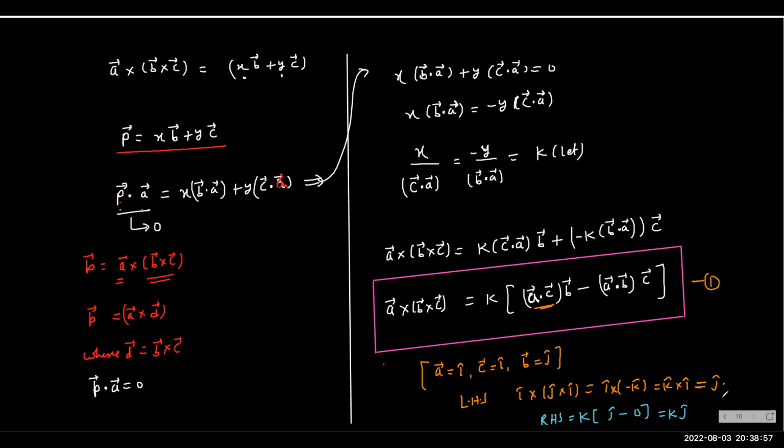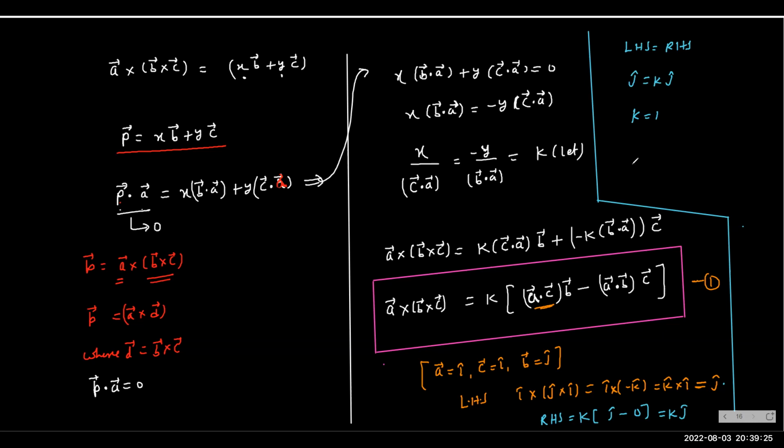If you compare the LHS and RHS, on the LHS is J cap and RHS is KJ cap. So can we say K equals 1?